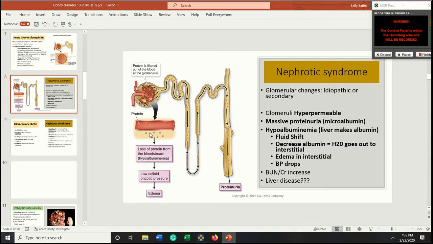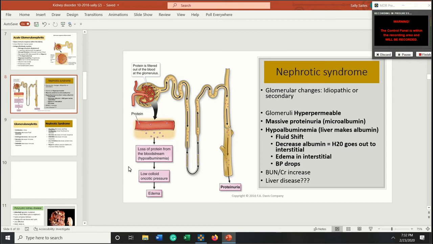So because this is an excess of fluid shift, the albumin and protein in the water actually leave the vascular space in massive amounts into the interstitial spaces.